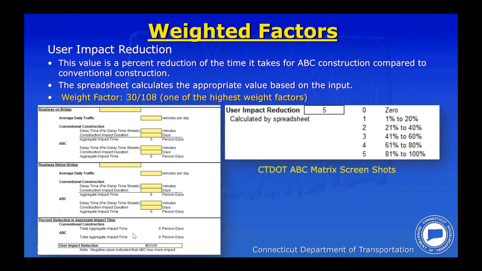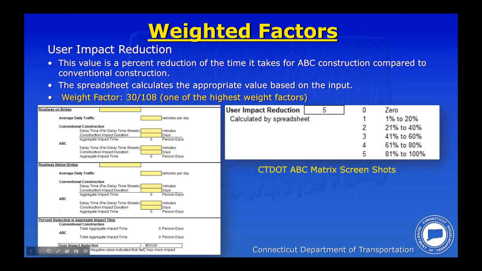In this cell down here, the spreadsheet actually computes total aggregate impact time for the ABC and conventional options in person days, and a computation is made for user impact reduction. A negative value would show that ABC actually has more impact than conventional construction. Not something that we typically find, but could.